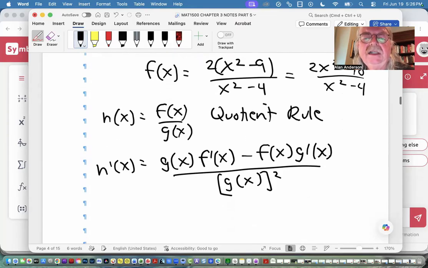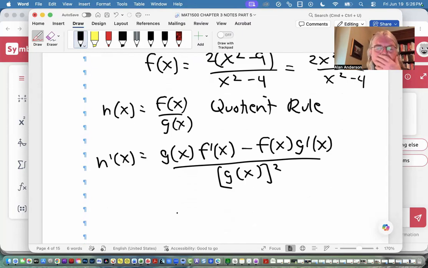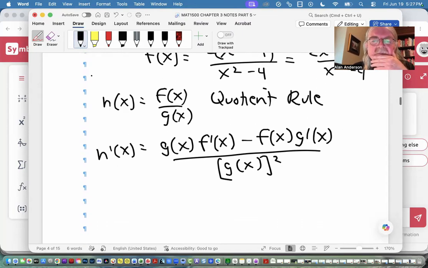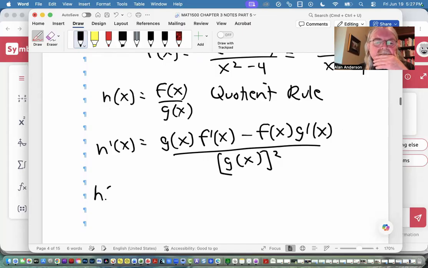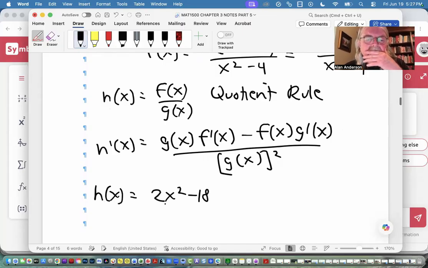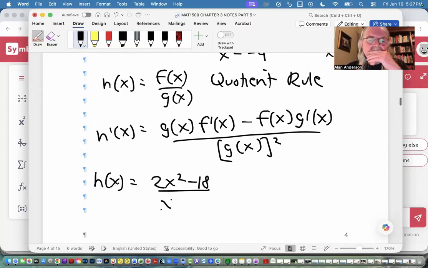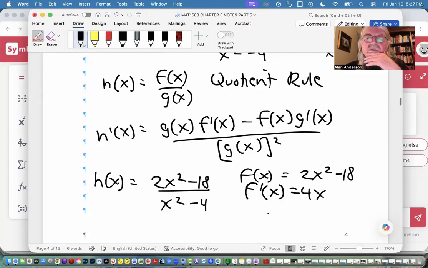Okay, and let's copy this down here. We have 2x squared minus 18 over x squared minus 4. So based on the power rule, f prime of x is 4x.